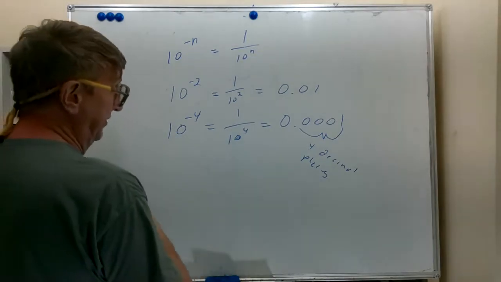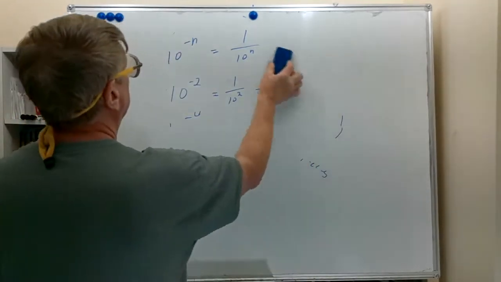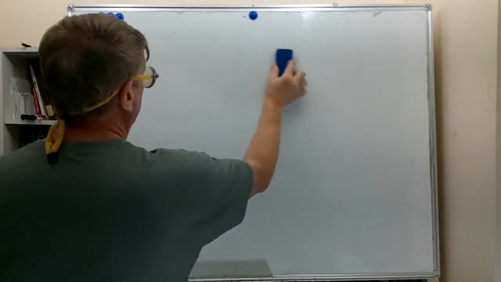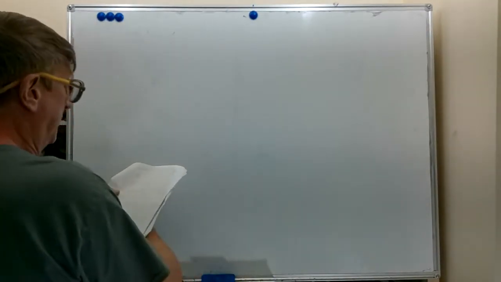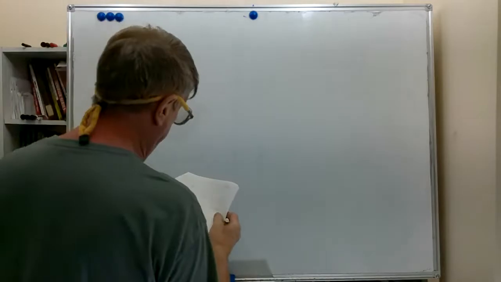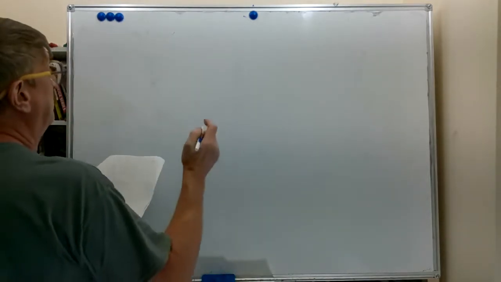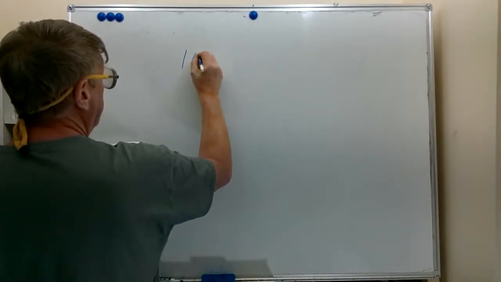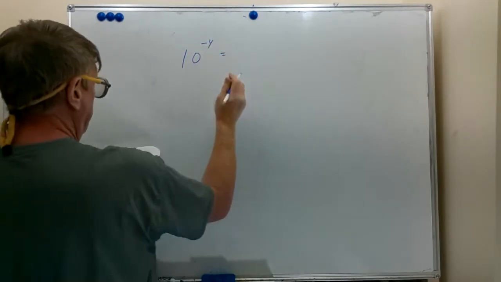So we're going to practice a little bit with some of this. We've done some of these already. Let's just do a couple of them because we've already done a bunch of them. 10 to the minus 4. I think we just did that one.